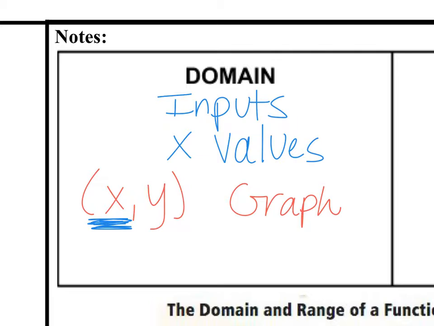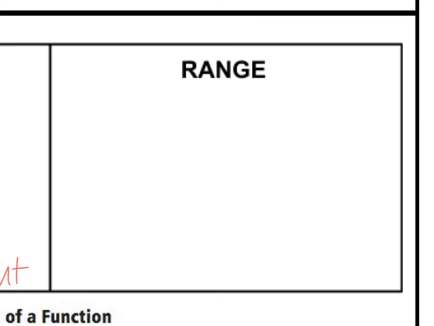Okay. If we're looking at a graph, then we are going to look from left to right. Farthest left to the farthest right. Range is the outputs, obviously, because inputs were the domain. So they are the y values.